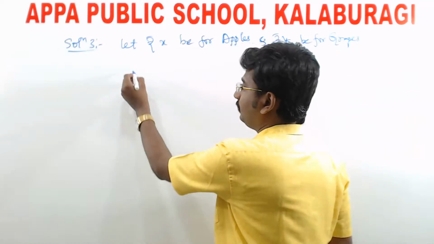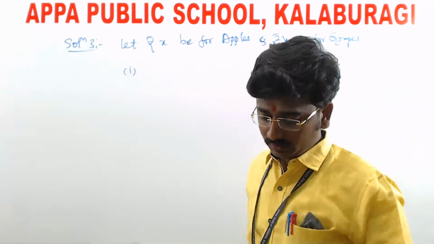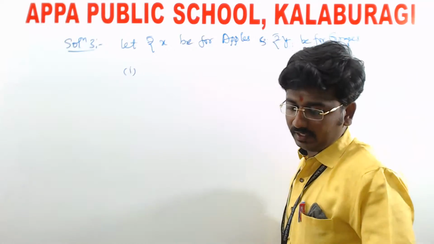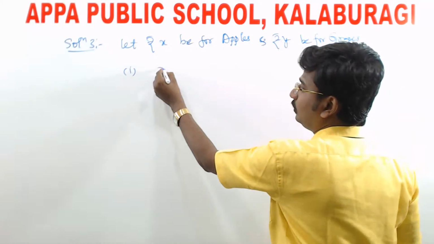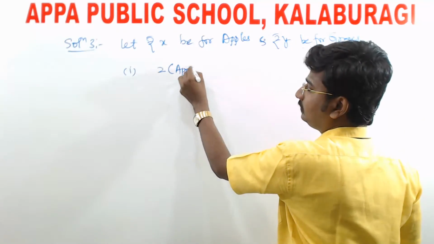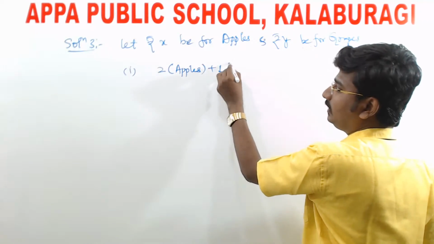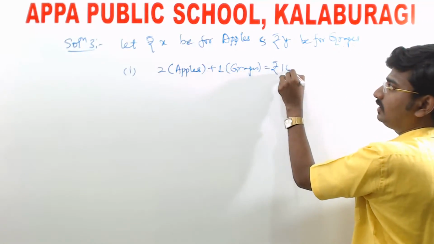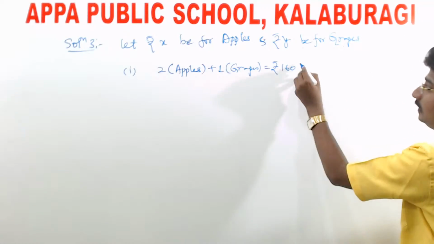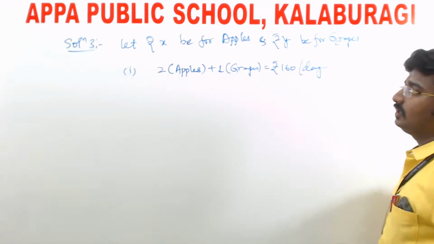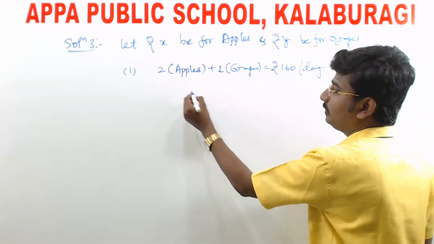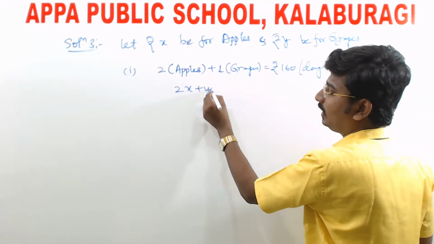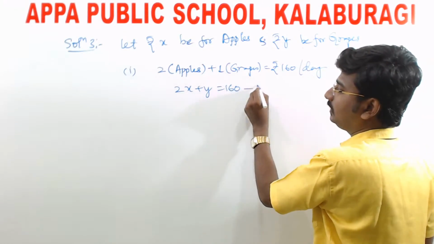So coming to the first condition, 2 kgs of apples and 1 kg of grapes cost rupees 160 per day. So the equation will be 2x plus y equal to 160, equation 1.